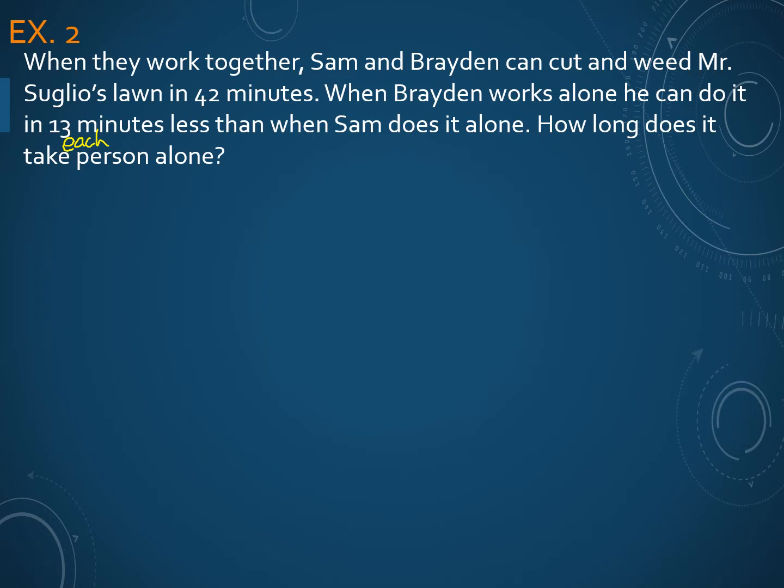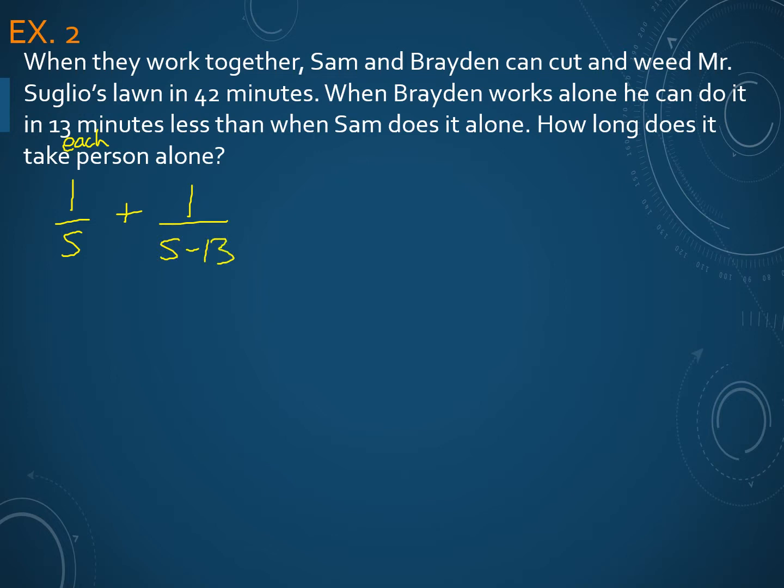So let's say we let S be the time it takes Sam to do it. So she can do one lawn in S minutes. We know that Brayden can do it in 13 minutes less, so S minus 13.